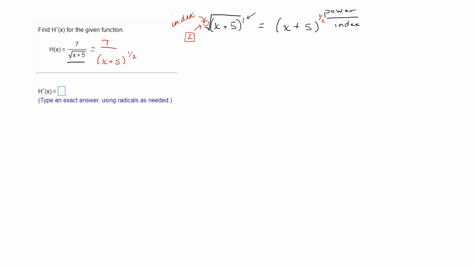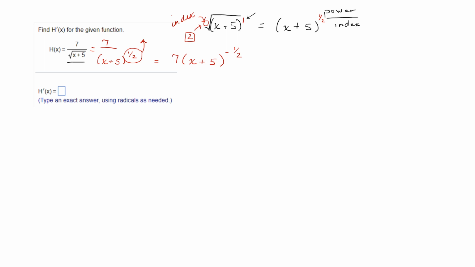So we're going to take the denominator so that it moves up to be in the numerator. I'll keep the 7. The x plus 5 will move up, and when it moves up to the numerator, the exponent becomes a negative 1/2.